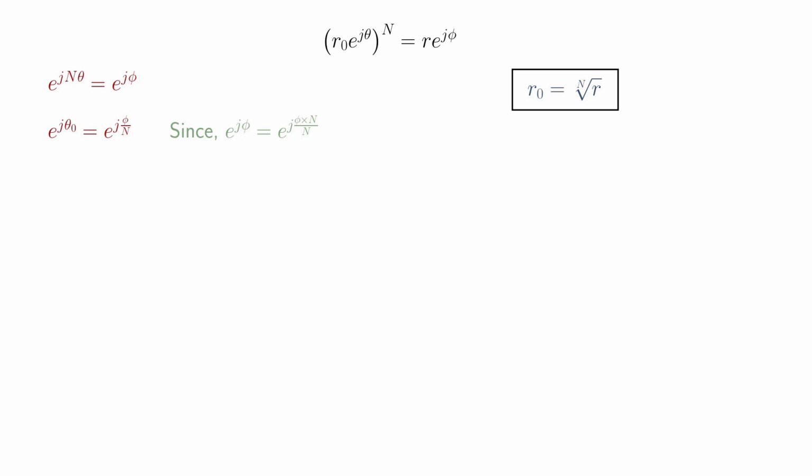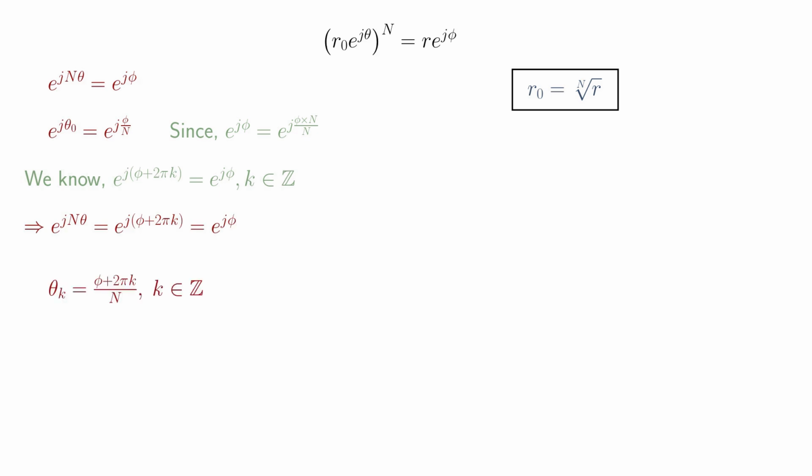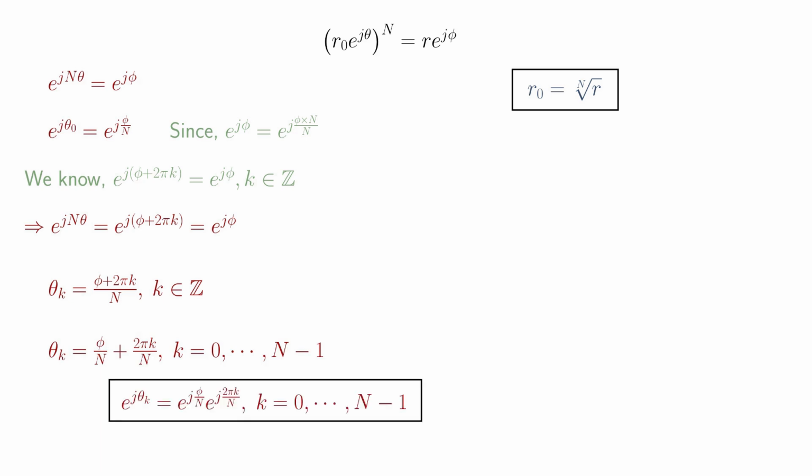Okay, what about the other n minus 1 roots? Here, this fact comes in handy. So we now have this equation from which we get the angles of the roots. Since we need n of them, let's take any n consecutive values of k. What about the rest of k? Hold on, you'll see.